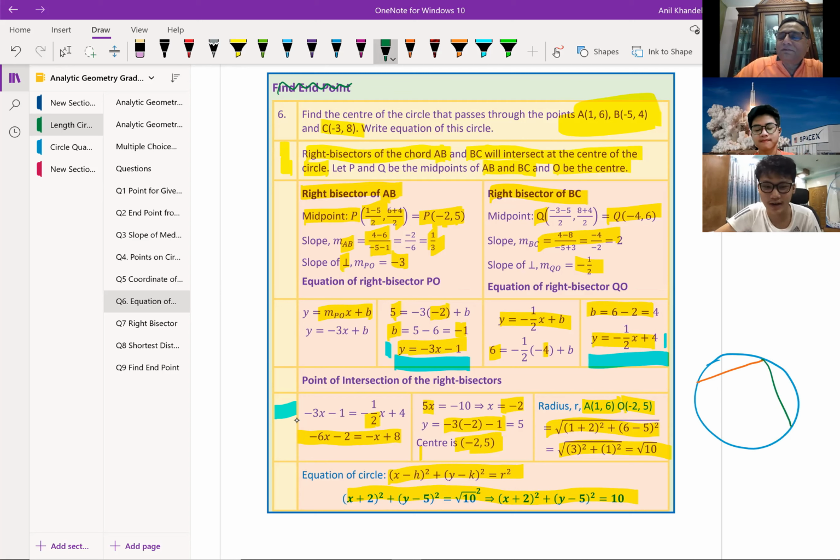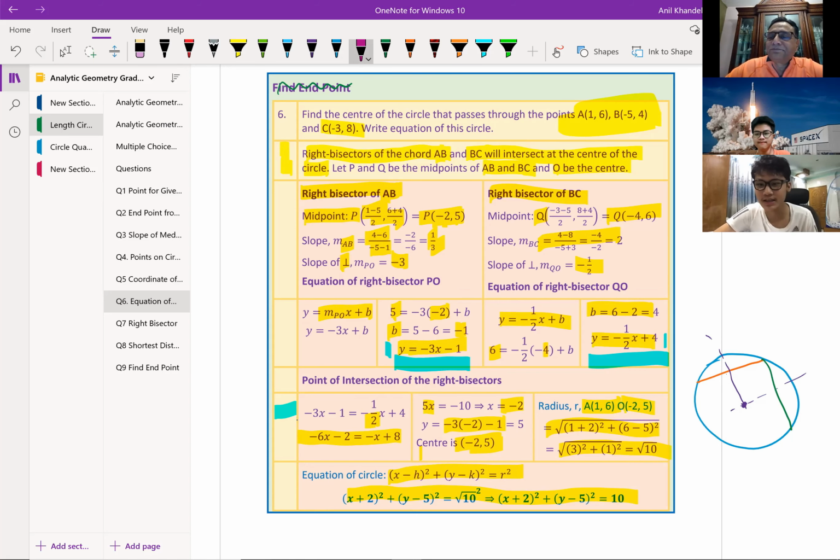We can use the midpoint to find P, which is negative 2, 5, and we can find the slope of AB, which is 1/3, and the perpendicular slope will be the negative reciprocal, which is -3.